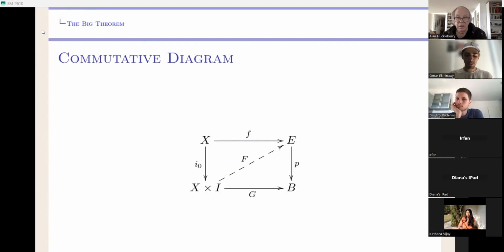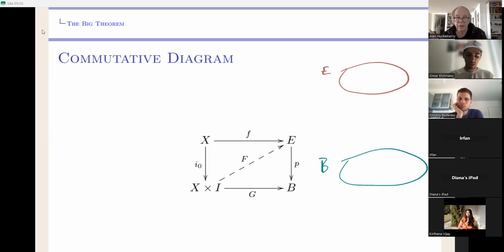So this is a commutative diagram. We have F as a map from X to E. And then you have a map F that maps from X to E. So this could be your F. This is the inclusion map, and it's given by, I believe, I0 of X is equal to X and then 0.